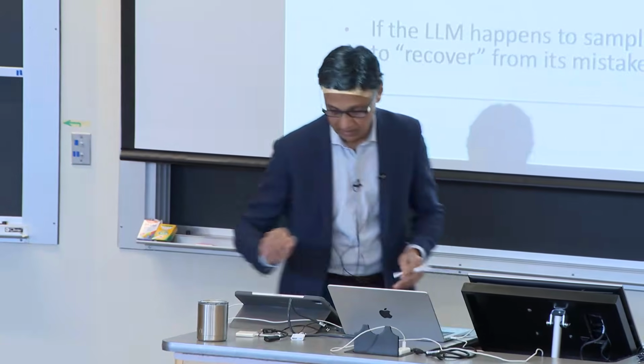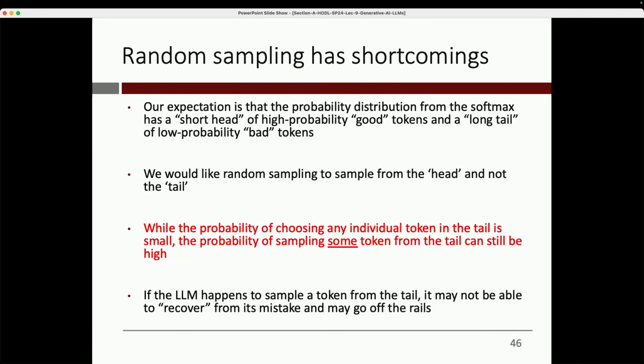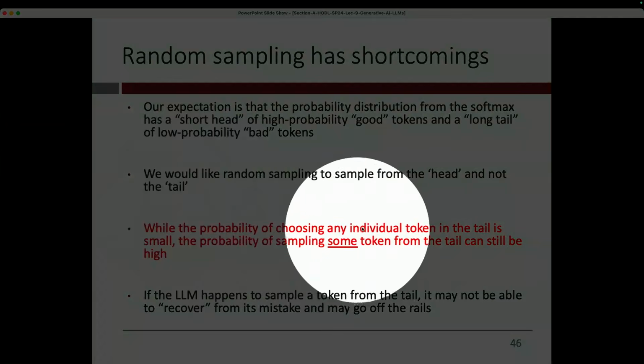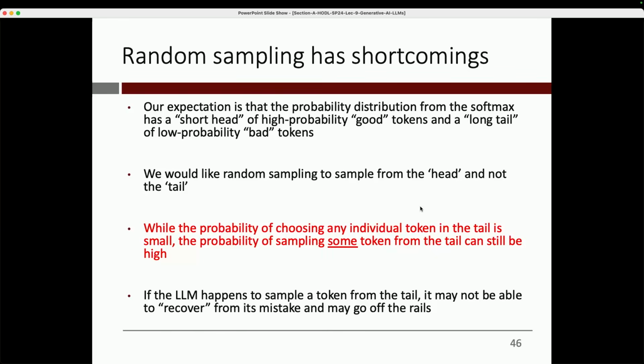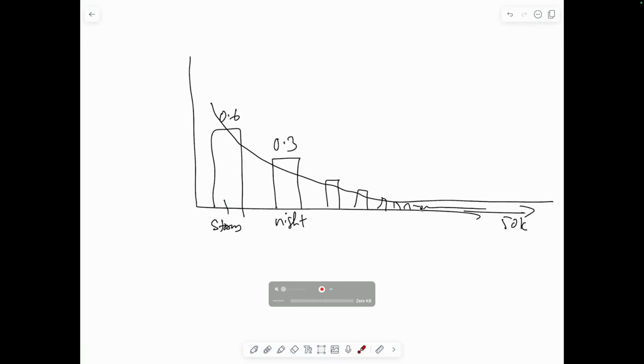Here is the most important point to remember about this slide. While the probability of choosing any individual word in this long tail is pretty small, the probability of choosing some word from the tail is high. In this example, 0.6 plus 0.3, there is a 0.9 probability it's going to be either stormy or night, but there is a 10% probability it's going to be one of the tail words.